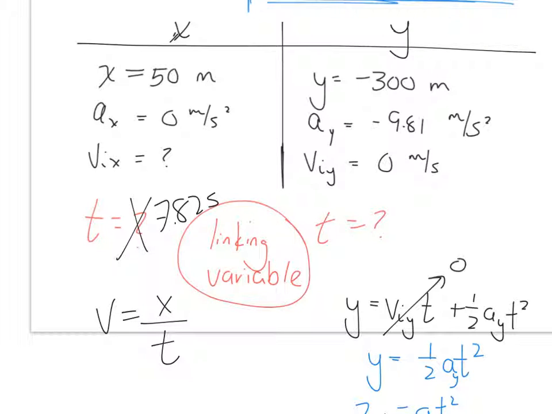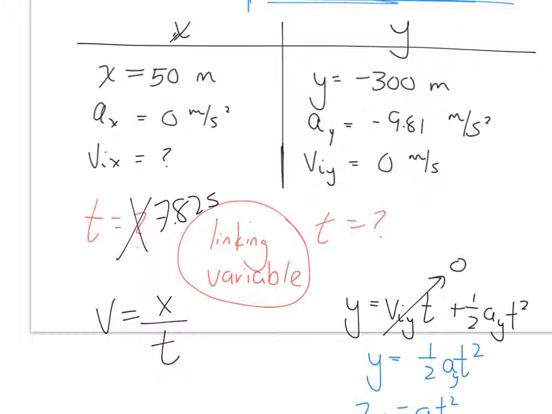This is the formula you will use all year for the x direction. v equals x over t. Why can I use that? Because there's no acceleration. Now, if there's no acceleration, what else do you know about the velocity? It is what? What's the term? A constant. The x velocity is always going to be the same throughout the process of some fall or some projectile horizontal motion.